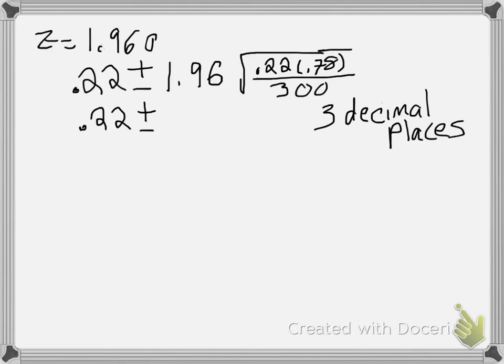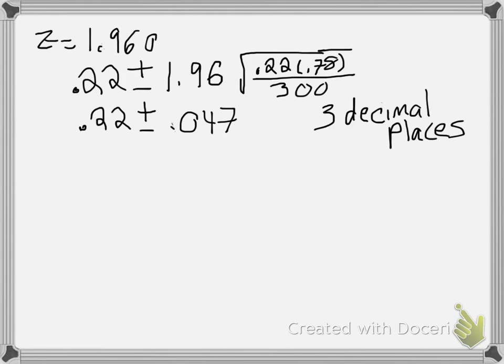No more, no less. So if you take 1.96 times the square root of this fun stuff, you're going to end up with, into 3 decimal places, 0.047. Again, always 3 decimal places.